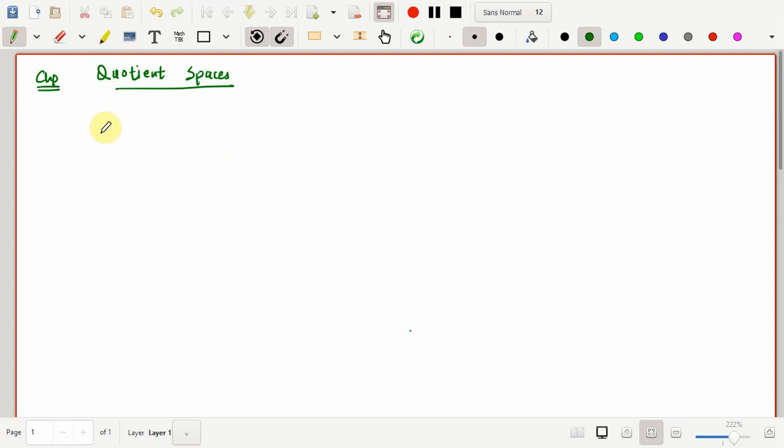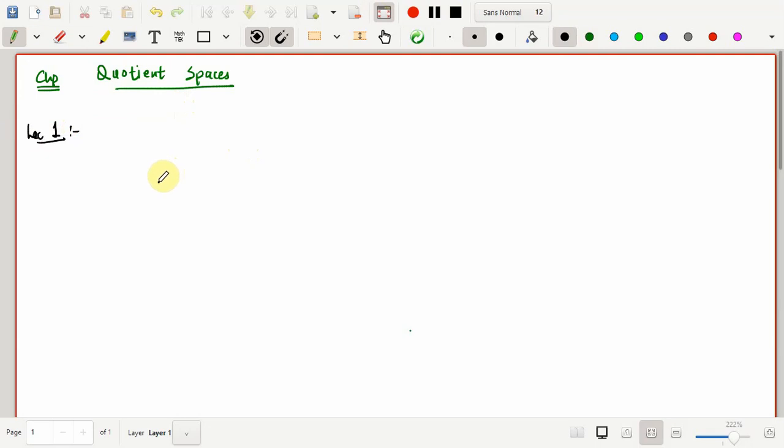New chapter on the course Linear Algebra titled Quotient Spaces, and this is the first lecture on quotient spaces. Lecture 1.